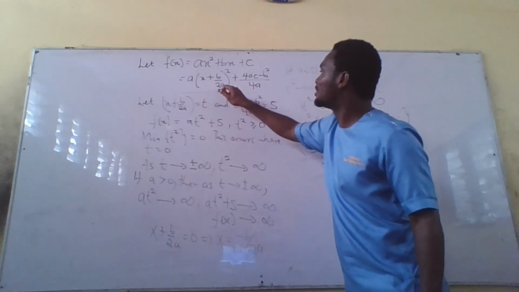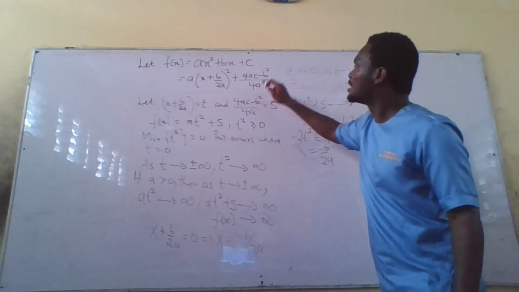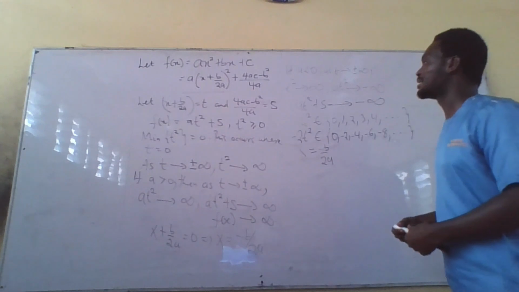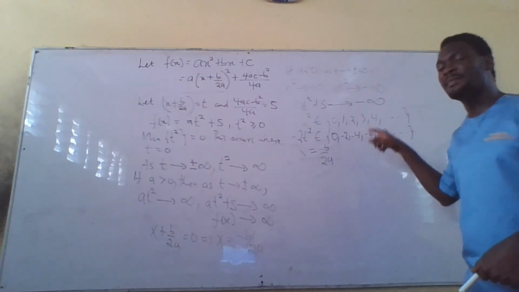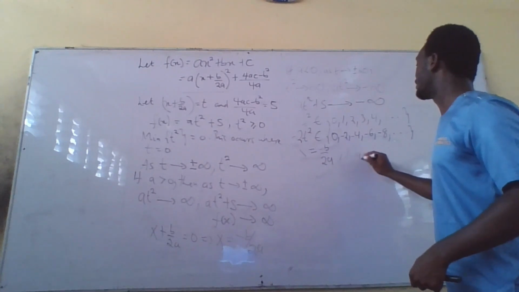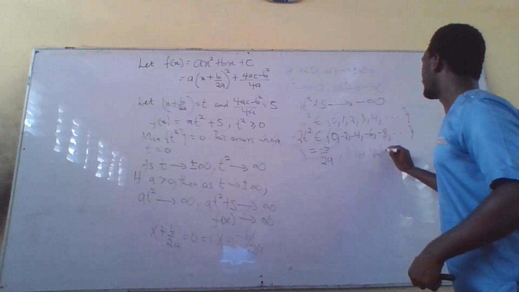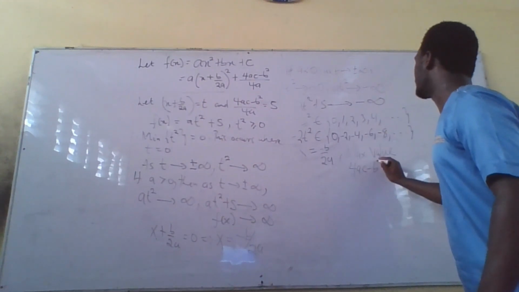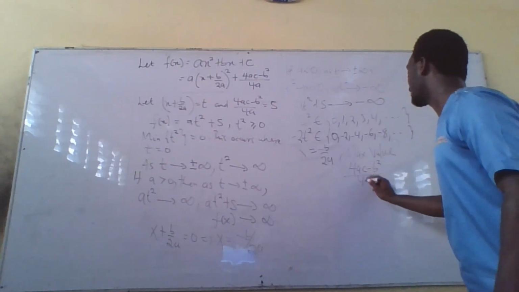All of this goes to 0 again, and we are left with this. So in this case, we have this same formula giving us the maximum value to be 4ac minus b squared, all on 4a.